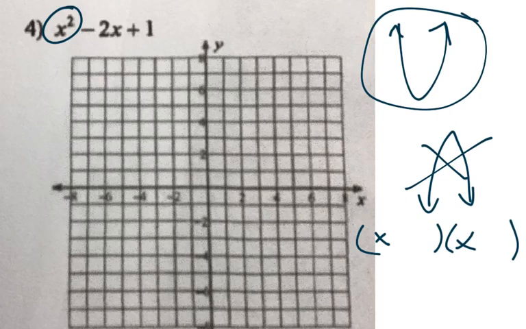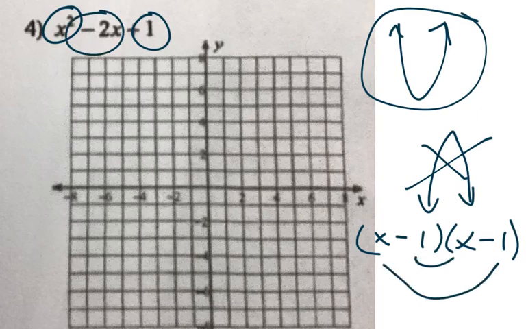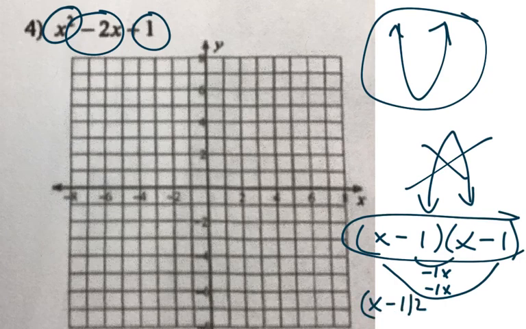X times X is X squared. 1 times 1 is 1. I know minus 1 is minus 2. That's basically my inner and outer loops are both going to be negative 1x's, okay? And that gives me negative 2x. We have another double root. This time our double root, our x minus 1 squared now, if I solve for 0, means x is 1, right?